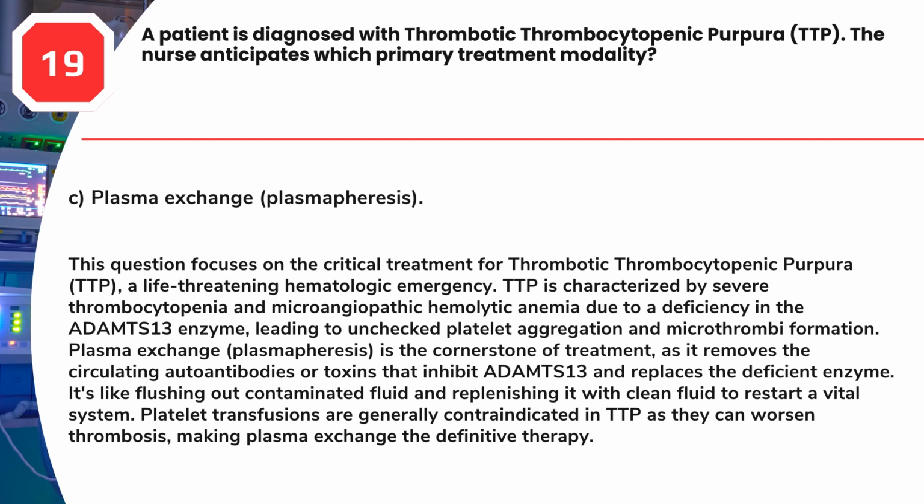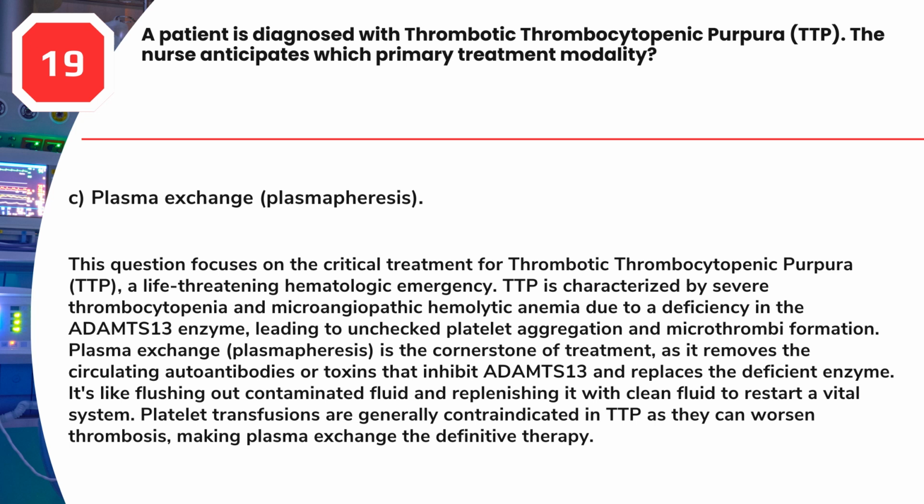Answer, C. Plasma exchange, plasmapheresis. This question focuses on the critical treatment for thrombotic thrombocytopenic purpura, TTP, a life-threatening hematologic emergency. TTP is characterized by severe thrombocytopenia and microangiopathic hemolytic anemia due to a deficiency in the ADAMTS13 enzyme, leading to unchecked platelet aggregation and microthrombi formation.